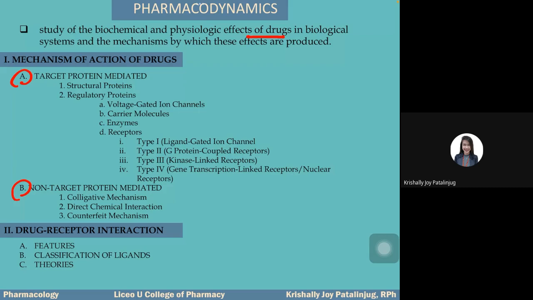Although later I will have supplemental, additional information, so just bear with me because the additional supplements that I will be giving will also be tackled in our succeeding discussions. All right. So let us begin reviewing about protein targeting drugs.